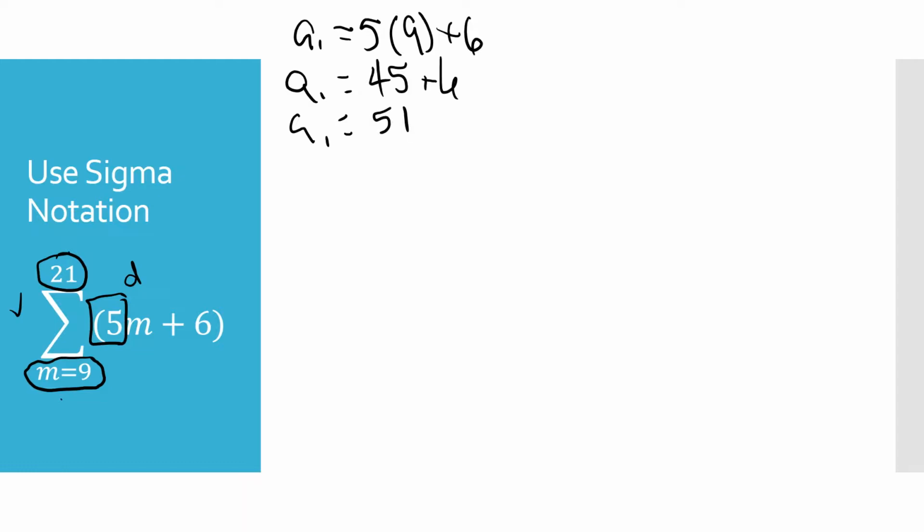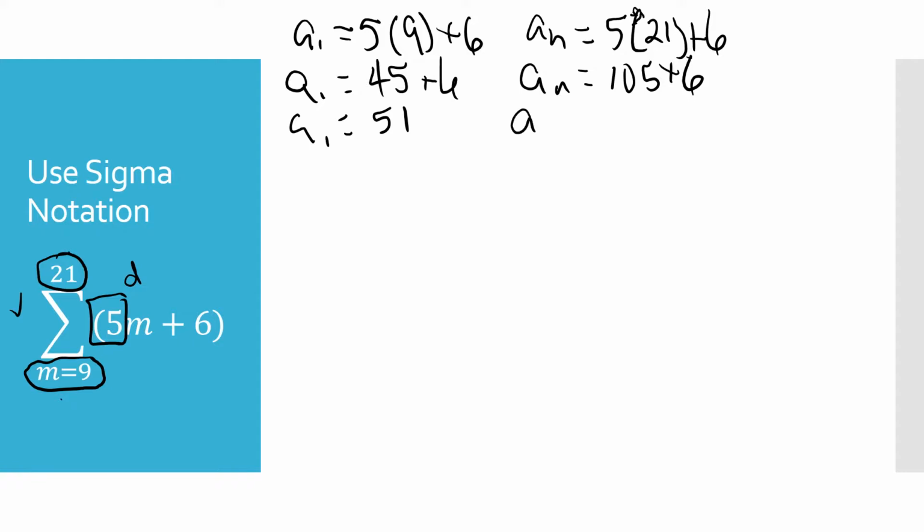How about let's figure the last number that we know in the sequence. This is going to be an. So an is 5, we'll substitute in 21 for m, 21 plus 6. And an is equal to 5 times 21 is 105 plus 6.